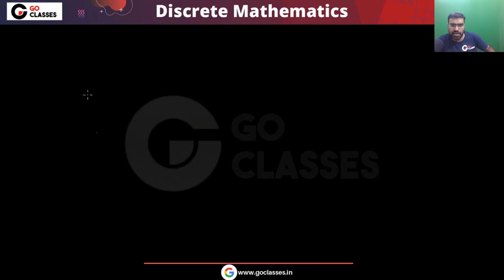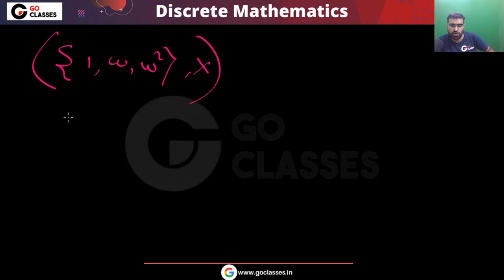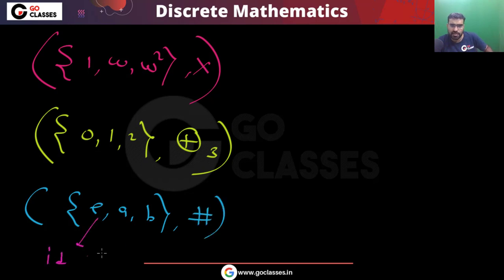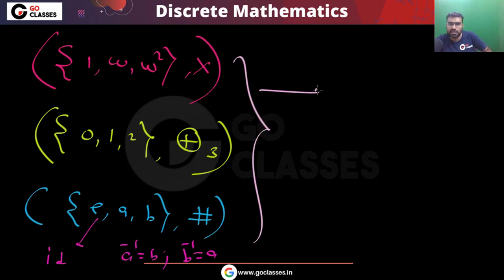If you create any structure, for example 1, omega, omega square under multiplication, or 0, 1, 2 under addition modulo 3, or for example E, A, B where the operation is some hash, let's assume, with E as the identity element, A inverse is B and B inverse is A, you can see that all these are isomorphic.